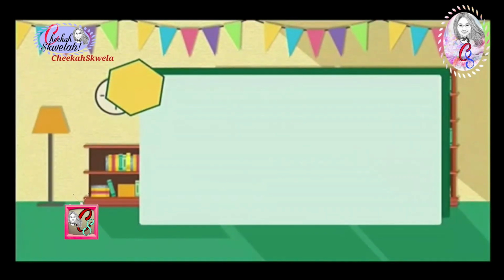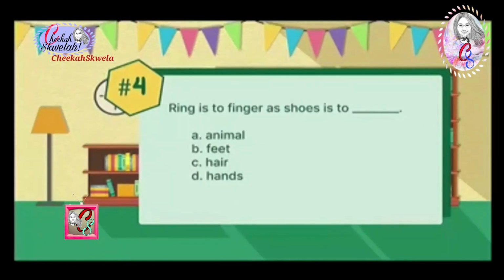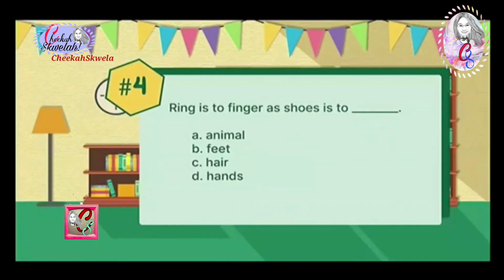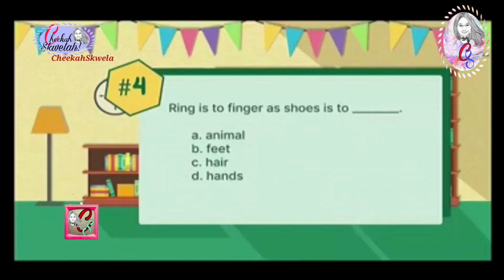For number 4, ring is to finger as shoes is to blank. Is it letter A, animal? B, feet? C, hair. D, hands.